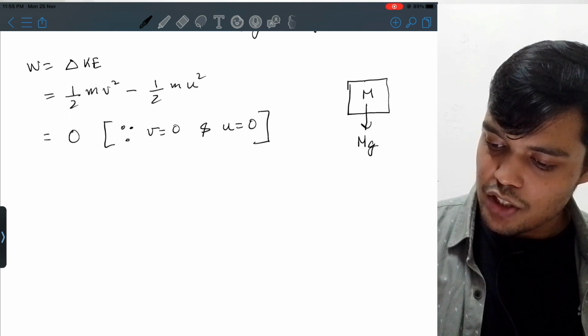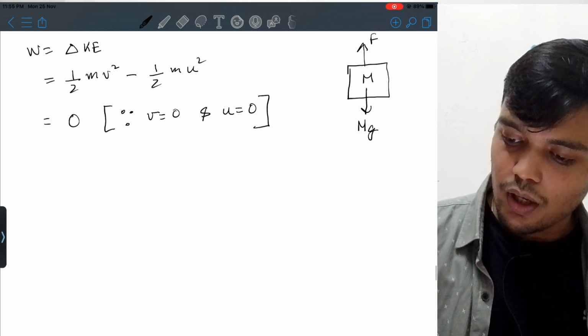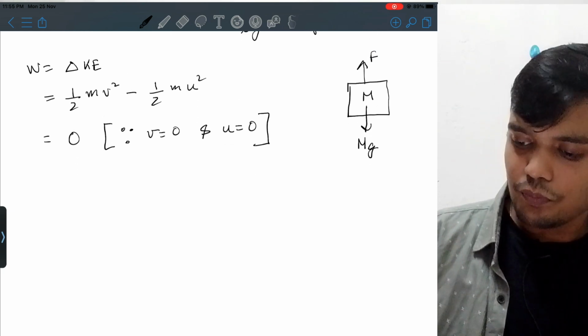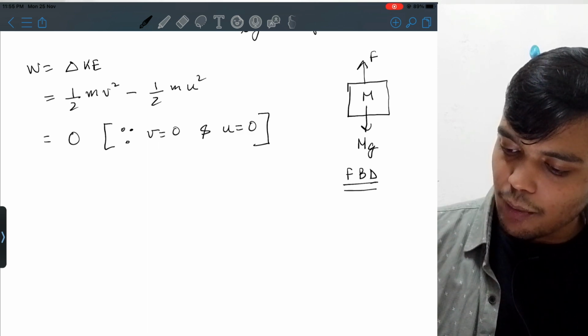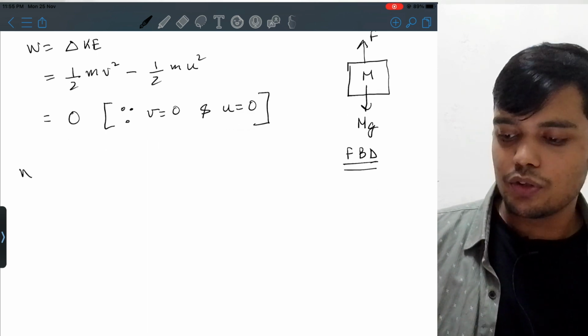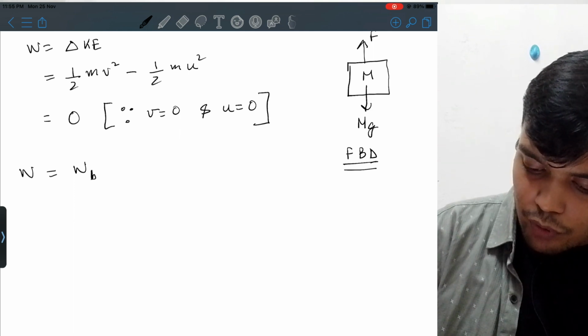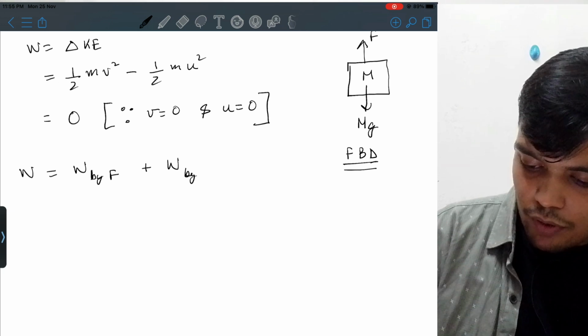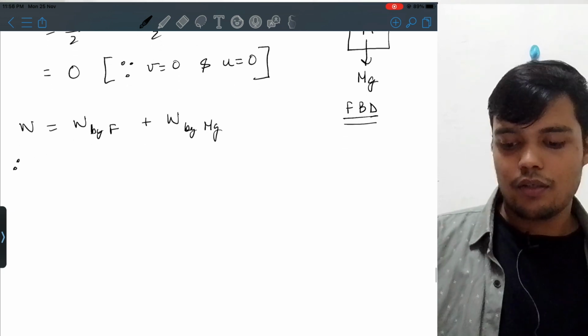There will be a gravitational force mg acting on it and there is a force F applied upwards. This is the free body diagram of our box. So the total work done is equal to work done by F plus work done by mg.